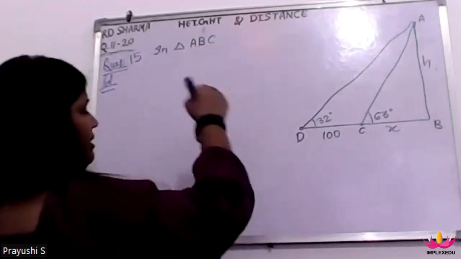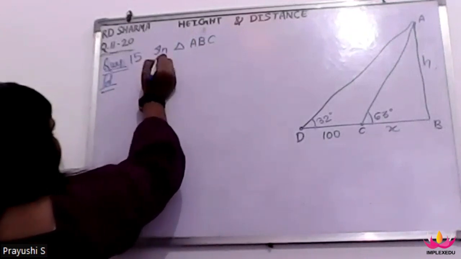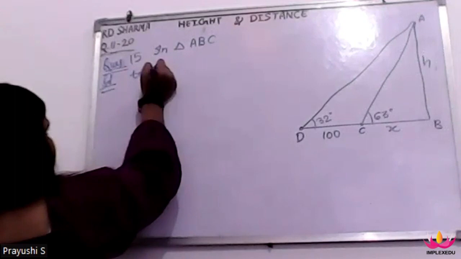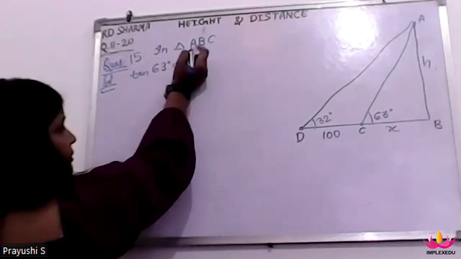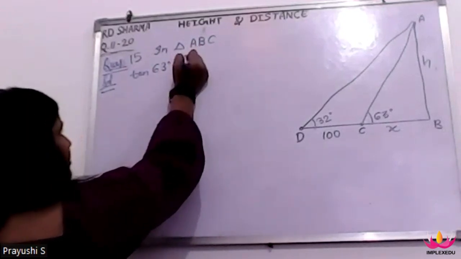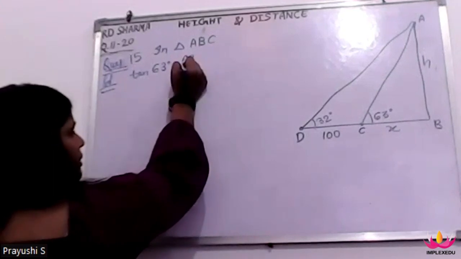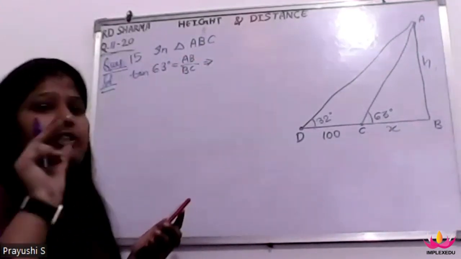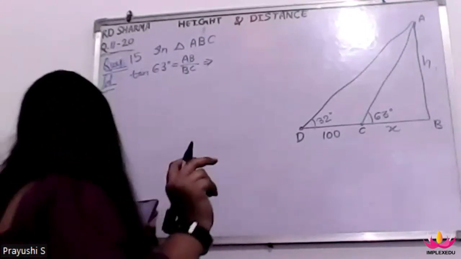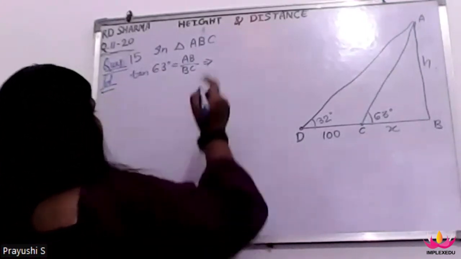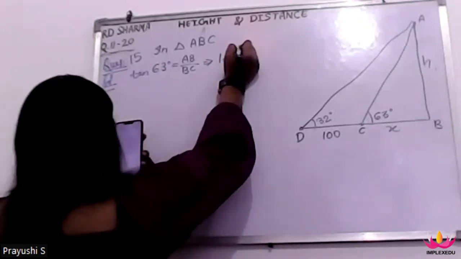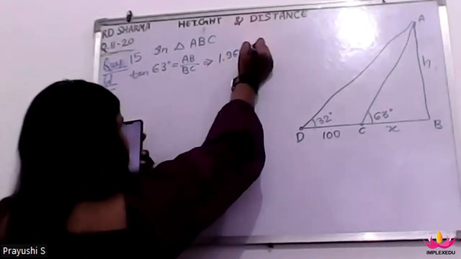In triangle ABC, tan 63 degrees is equal to AB upon BC. We know that in the question it is already given that tan 63 is equal to 1.9626.